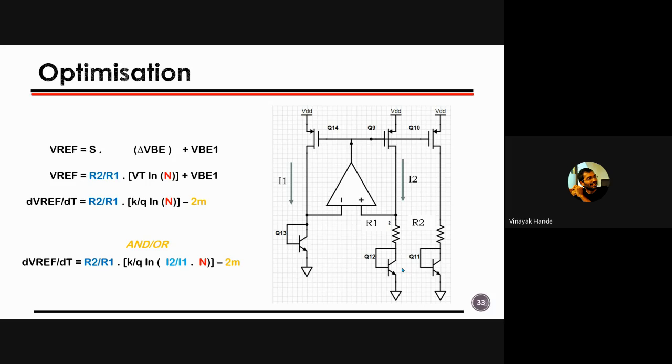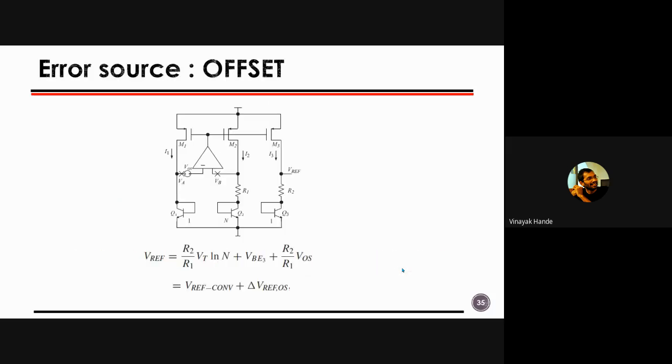So these are some ways where we can change the value of R2 by R1 to minimize the offset effect, right? This is one solution.